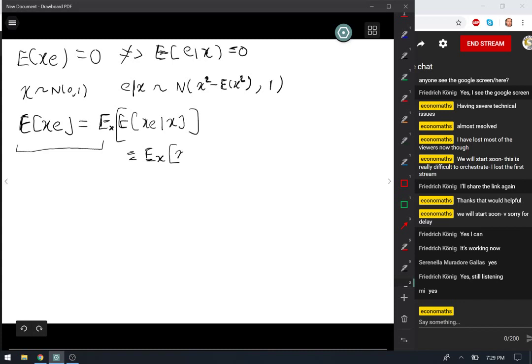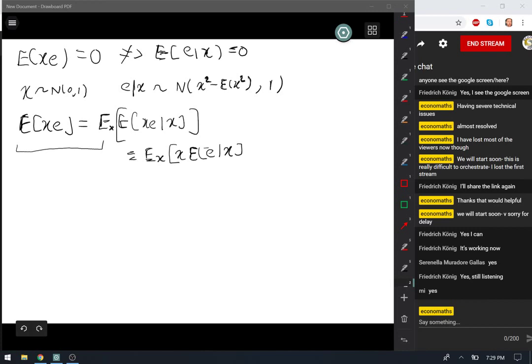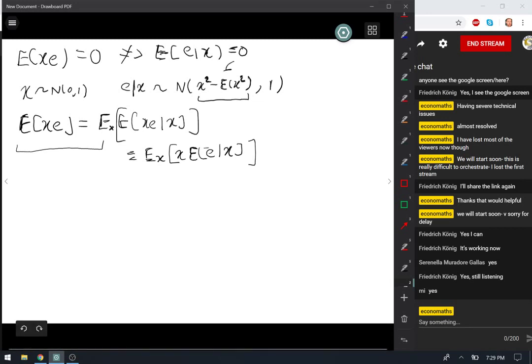So we're going to get x times E of e given x. And in this case, the conditional mean is just this, by definition the conditional mean of this normal variable. You don't even need to assume it's normal really. You can just assume the conditional mean is x squared minus the mean of x squared, which we always can do. So we can plug that in.